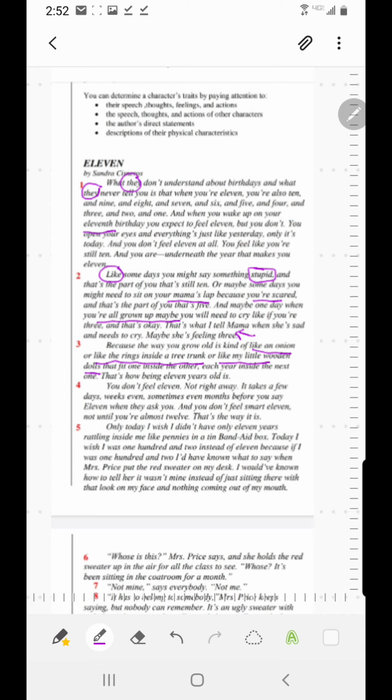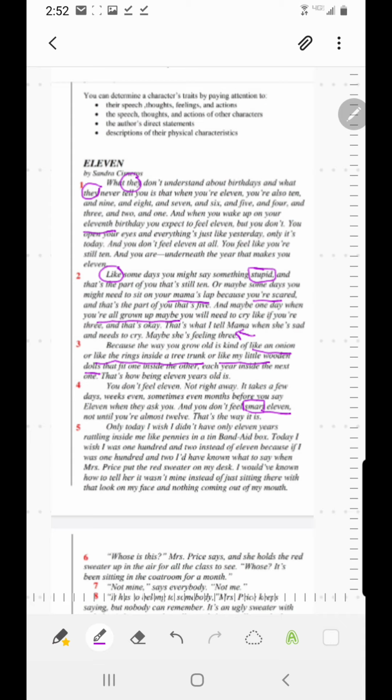So when she says you don't feel smart 11, the use of the word smart is very interesting, because it almost makes you think she doesn't equate intelligence with youthfulness, right? Intelligence or wisdom is something only older people can have. And so it's almost like until she's 12, she doesn't feel a smart 11.